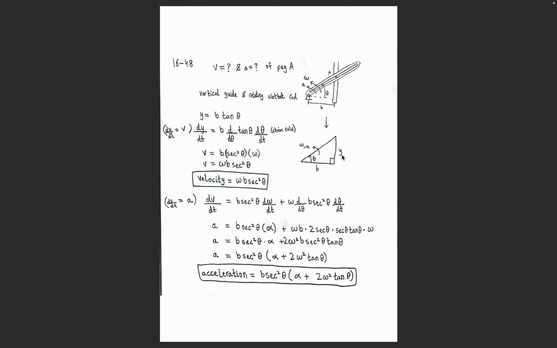We consider the vertical distance to peg A as y, which varies with the angle theta.